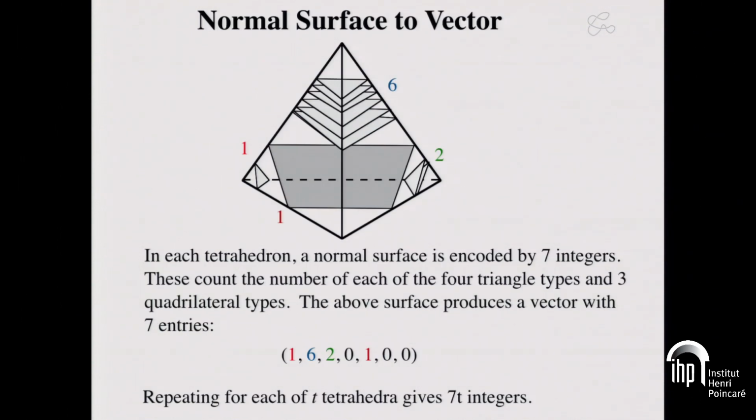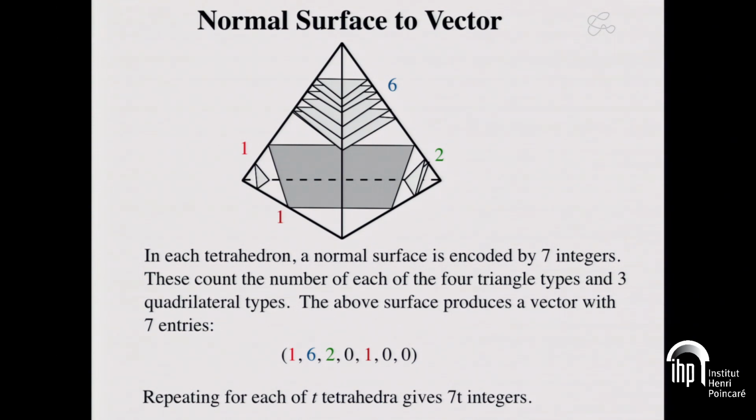Once we have this nice triangulation of the knot complement, we look for a compressing disk. We look for a disk that lies on the boundary torus and is embedded inside the complement. So we again go to what we did with curves. We'll assign an integer vector to each surface.